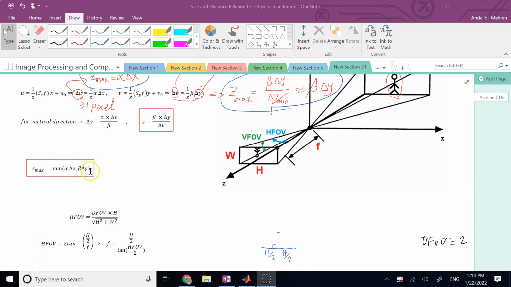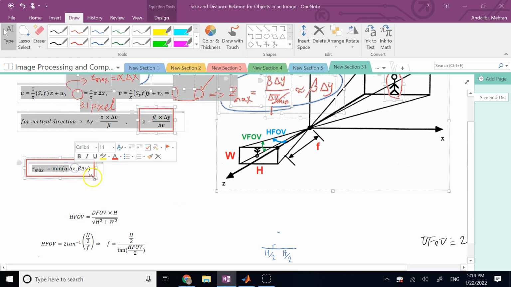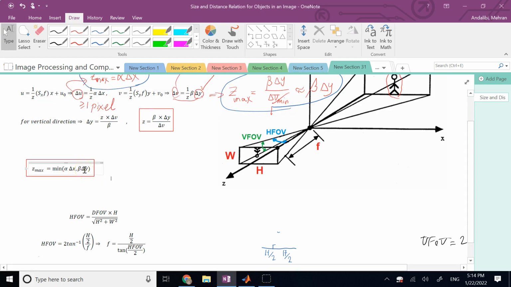So I can add that portion to the code by measuring the maximum x and maximum y, let's say for that ruler. If I know the maximum x of that ruler and the maximum y of that ruler I just showed you, and I know alpha and beta, I can give you a maximum range.